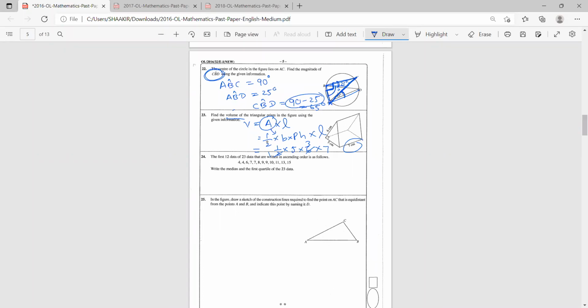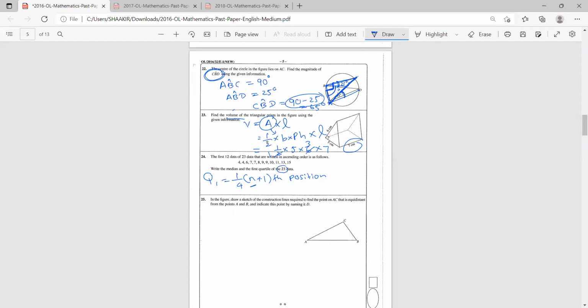So here, children, to find the quartiles, we have a formula. By using the formula, you can easily find it. First quartile is equal to 1/4 into (n plus 1)th position. N means, children, the number of data. How many data are there? They are saying there are 23 data. Among that 23, they have given only 12, but you don't need to worry about that. In total, there are 23.